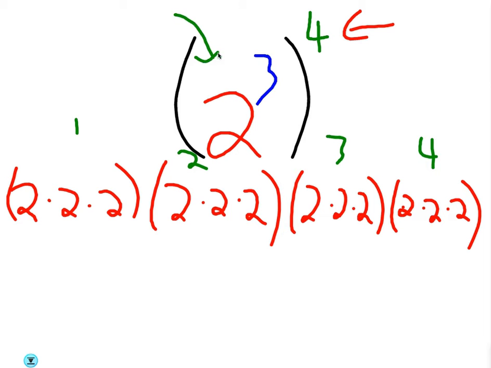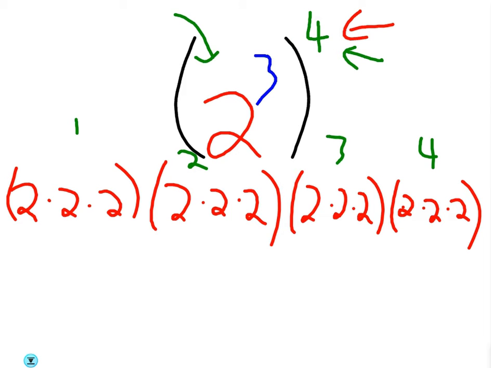So we've taken 2 to the 3rd and we've multiplied it by itself 4 times, following the rules of exponents. An exponent says multiply something that many times, and that's exactly what we've done. Now all I want you to do is count how many 2's we have that are multiplying each other.